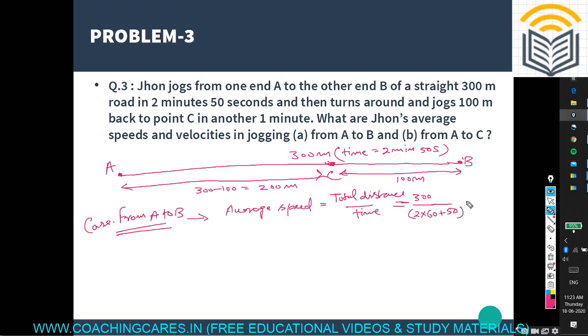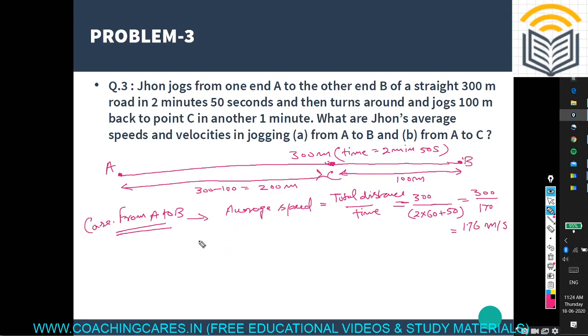So we'll get 300 divided by 170, which will be equal to 1.76 meter per second.